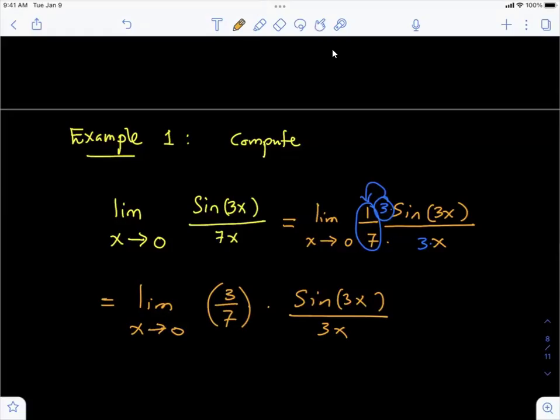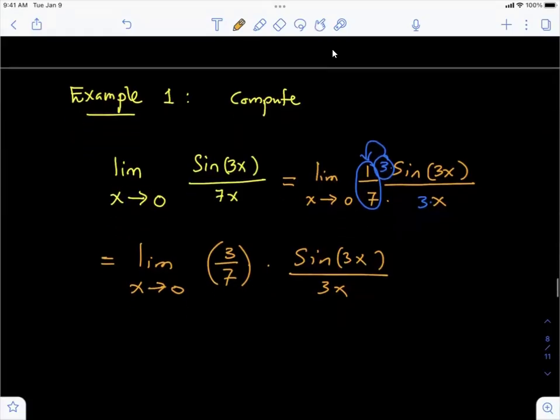Now let's try to answer a couple of questions. First of all, the involvement of this constant. Constants are innocent in limit computations. So one thing that you can do is bring it out right away because it's not getting involved.